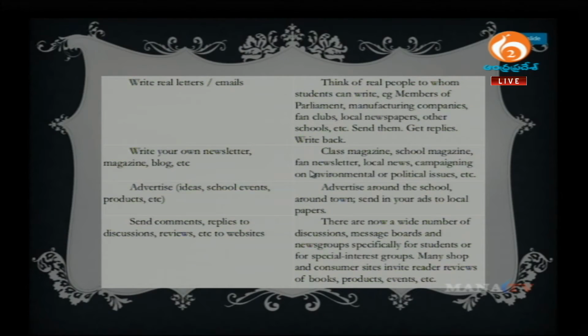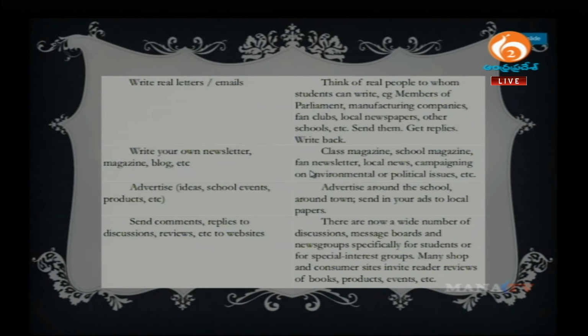These are formal tone writings, that is, you have to follow the formal tone of writing here, because these are read by members of parliament, manufacturing companies, etc. Then we have write your own newsletter, again a sort of formal writing.